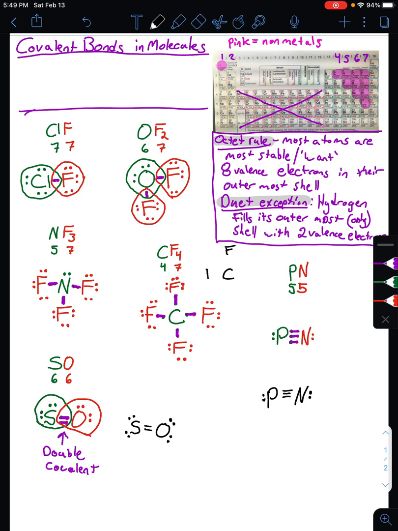C, F, F, F, F. Single, single, single, 4 single covalent bonds. So you'll get the hang of this. You'll move it a lot faster. Good luck. I hope that helped.